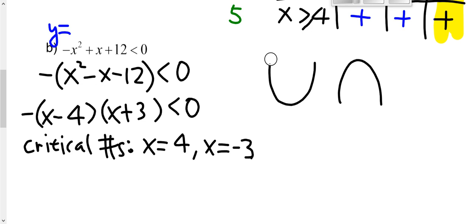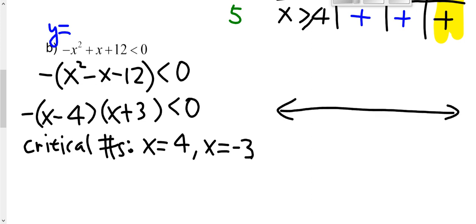Doesn't matter. Okay, so let's erase this and draw a number line here. We know something would be happening around 4 and -3. We'll figure out whether it's going from positive to negative or negative to positive.